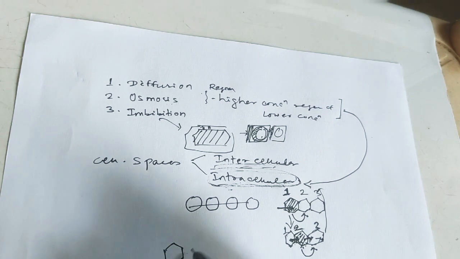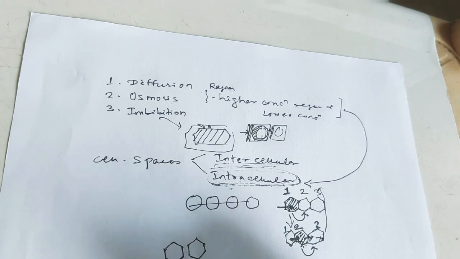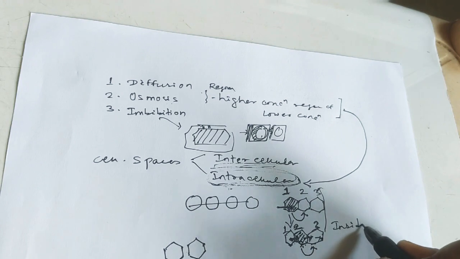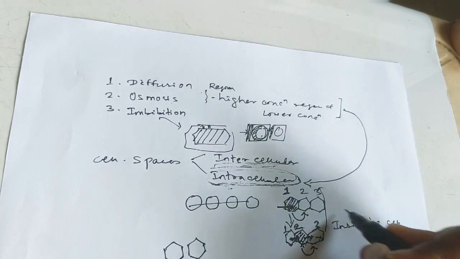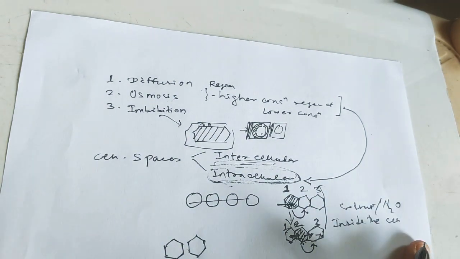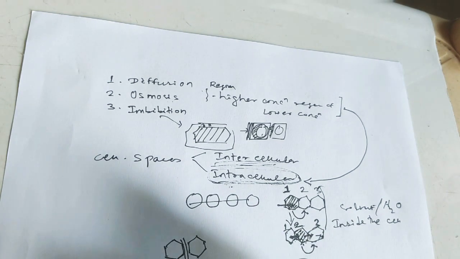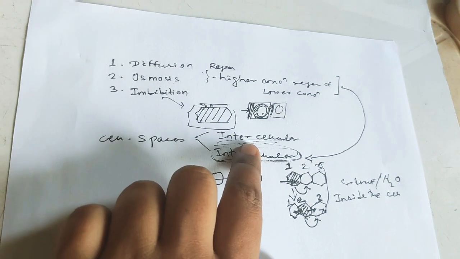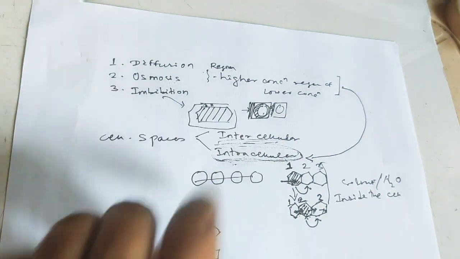What about the case of intercellular spaces? If the water travels in between the cells, through the gaps, these spaces are known as intercellular spaces.